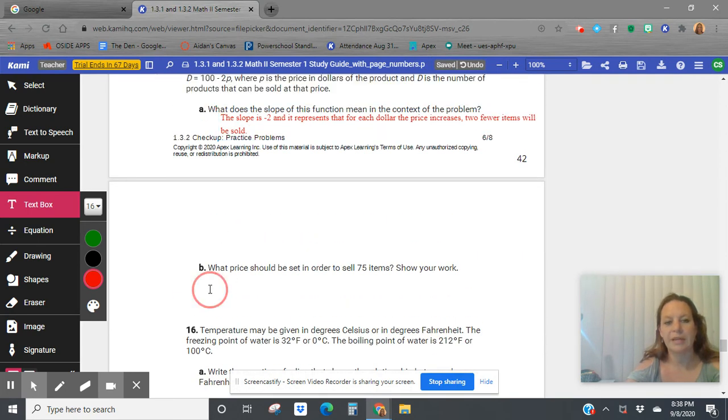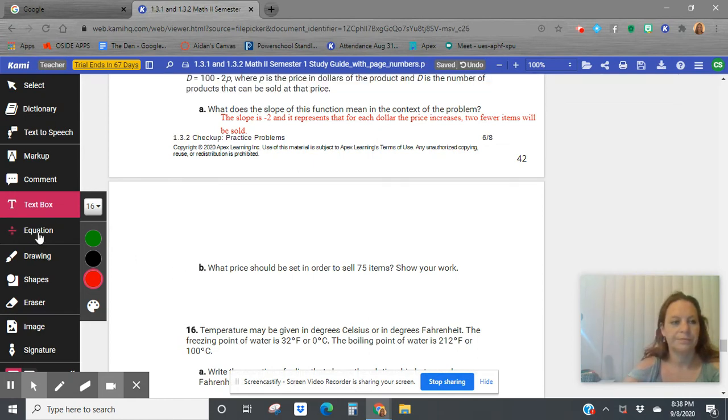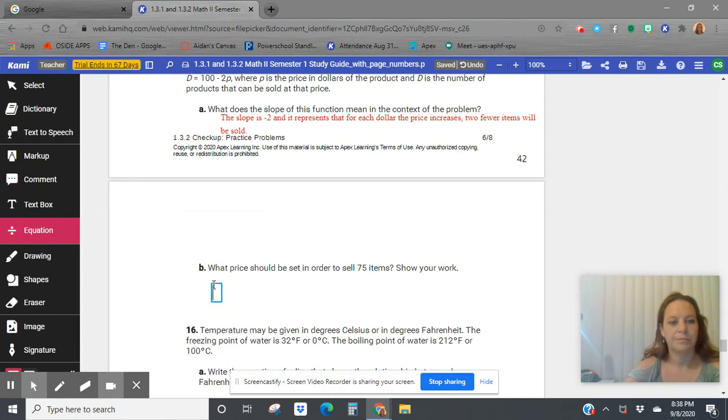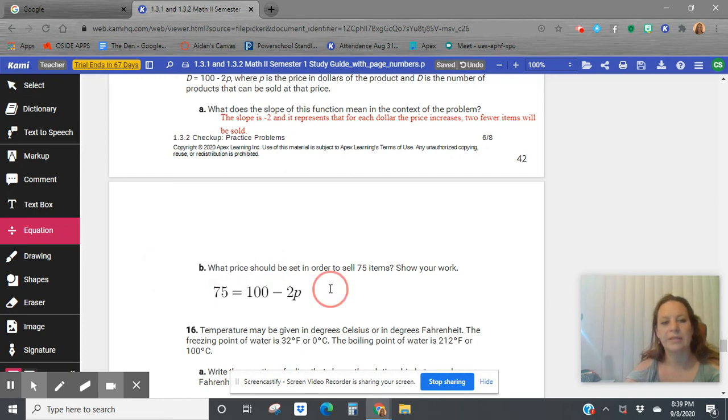What price should be set in order to sell 75 items? So an output of 75, and then it's 100 minus 2p. If I subtract 100, we're going to get -25 is equal to -2p.